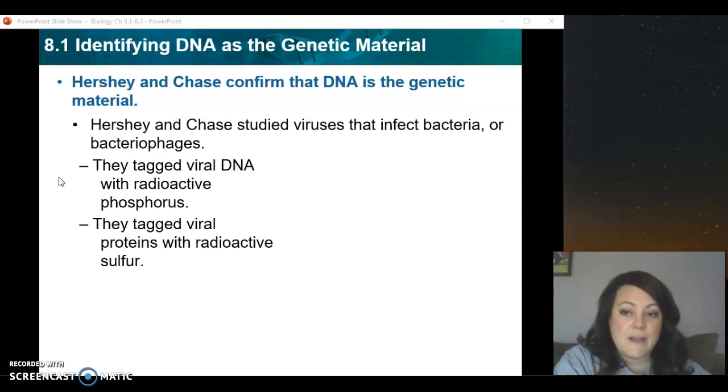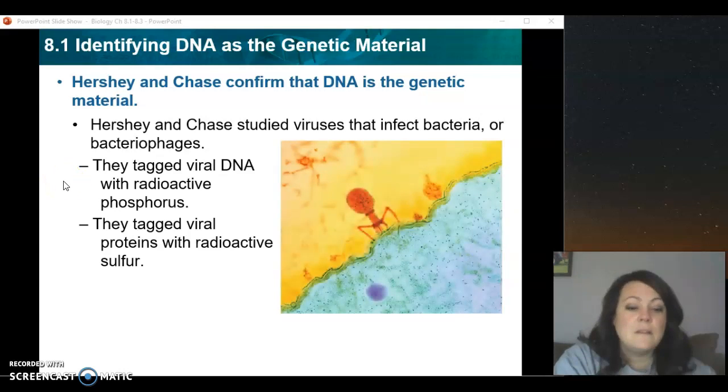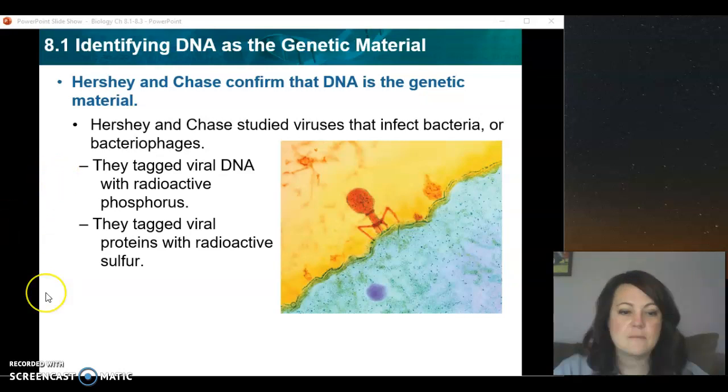Why did they do that, you might ask? DNA contains phosphorus and proteins do not. Proteins contain sulfur, which DNA does not. So those radioactive tags were going to give us the answer we were looking for.